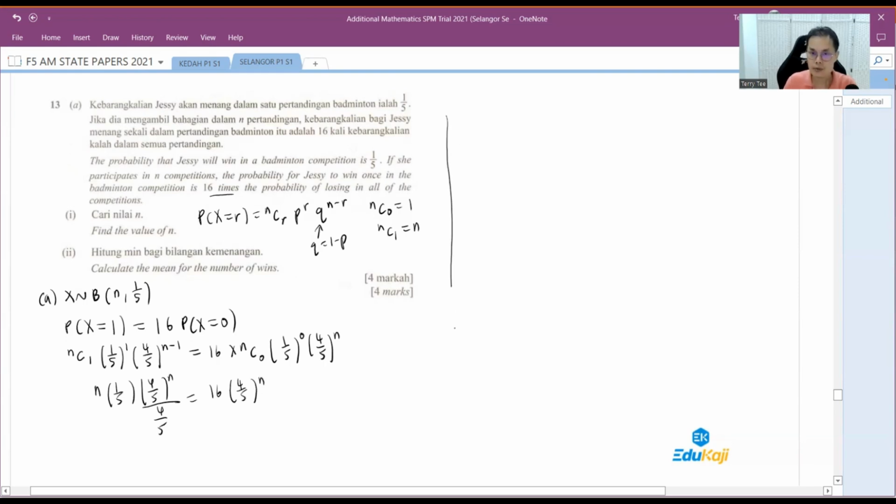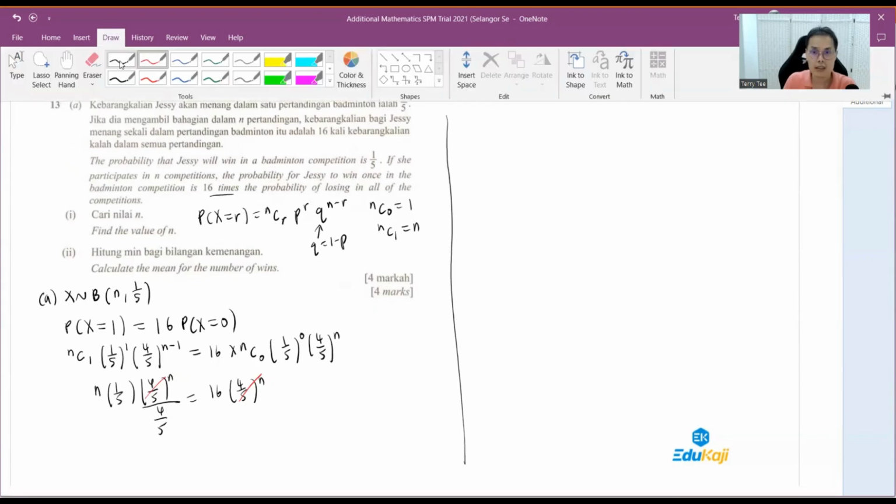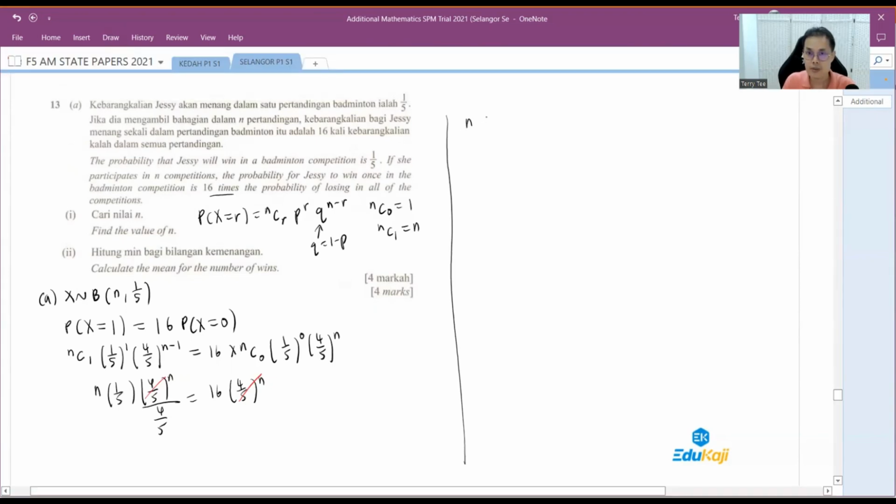What I need to do, guys, is to cancel out this 4/5 power N. Now, I purposely divided this up. 4/5 power N minus 1 is 4/5 power N divided by 4/5 power 1. So we can bring it over, or even invert it: this is N times 1/5. You invert it, and this becomes 5/4. The result is 16.